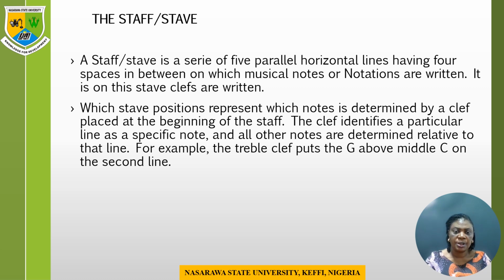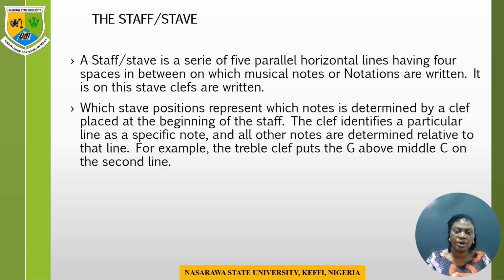Which stave position represents which note is determined by the clef placed at the beginning of the staff. The clef identifies a particular line as a specific note, and all other notes are determined relative to that line.